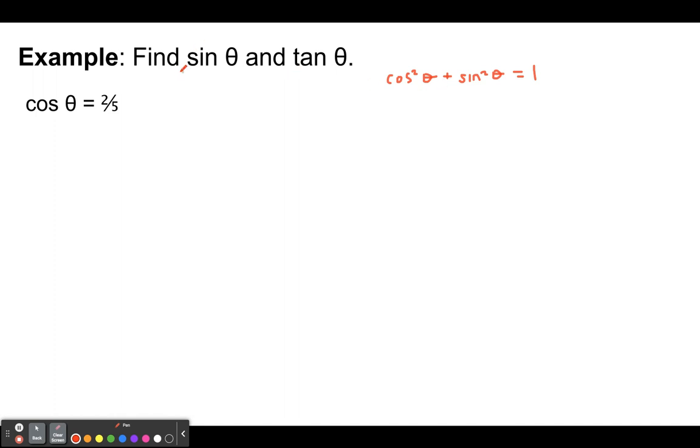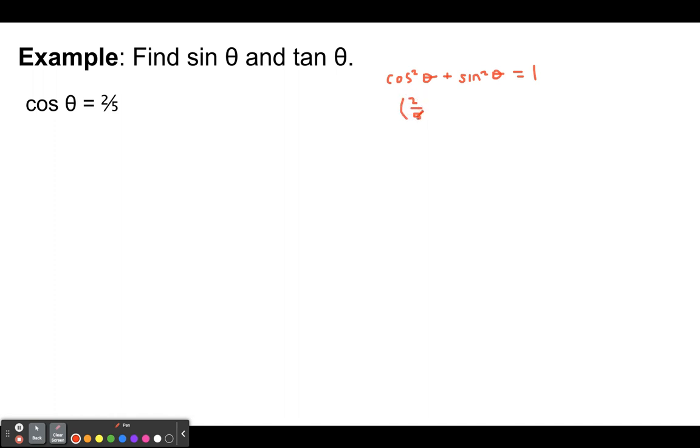All right, so here it says find sine theta and tan of theta given that the cosine theta is equal to 2/5. Okay, so again, we're just going to go ahead and use the trig identity to solve for our sine theta. So we're given that cosine theta is equal to 2/5. So now anywhere where I see cosine theta, I'm going to replace it with 2/5, keeping in mind that this is squared.